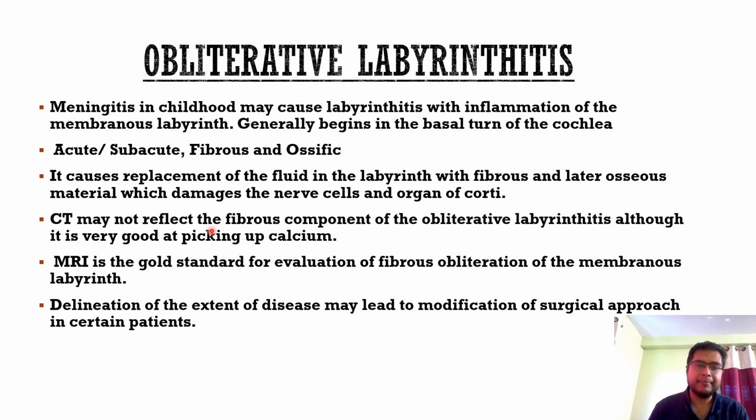But in case of fibrous or acute or subacute obliterative labyrinthitis, it is better to get an MRI done, especially if there is a history of meningitis or infection in the patient. MRI is the gold standard for evaluation of fibrous obliteration of the membranous labyrinth, and delineation of the extent of the disease may lead to modification of the surgical approach in certain patients.